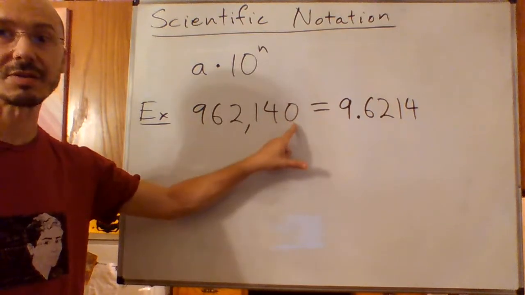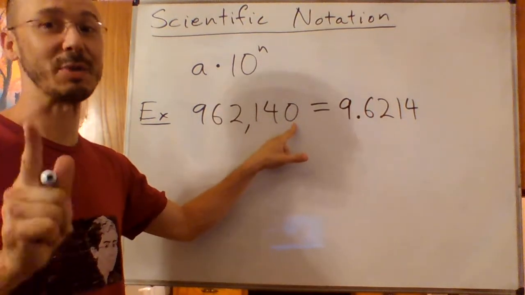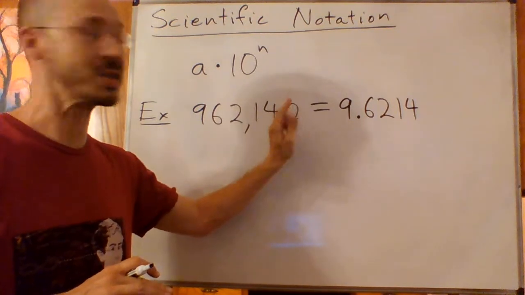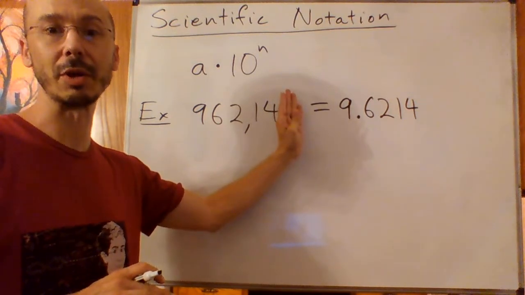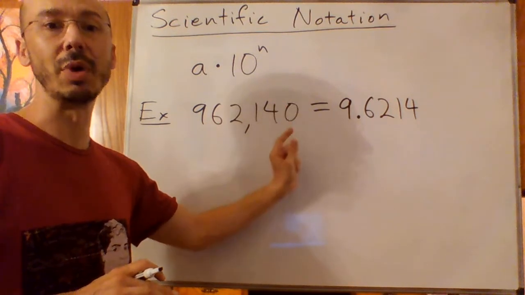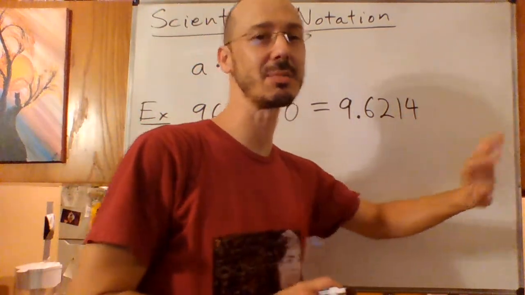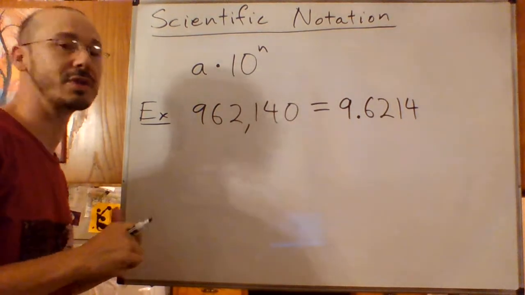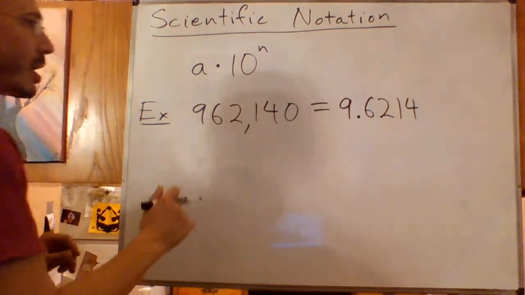I'm not going to write that 0. Now, whatever your chemistry teacher tells you, that's what you should do in that class. But for math, I don't want to write extra zeros. This one I need as a placeholder, because that's a different number. But when there's extra zeros to the right of the decimal, they don't really mean anything to me. In chemistry, they're called significant digits, and they do mean something, but not for us.